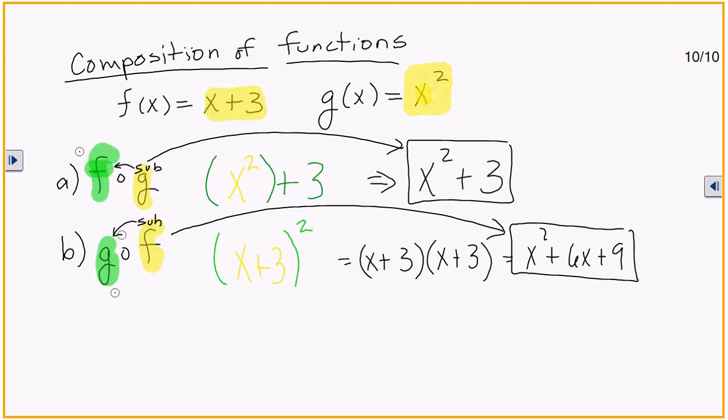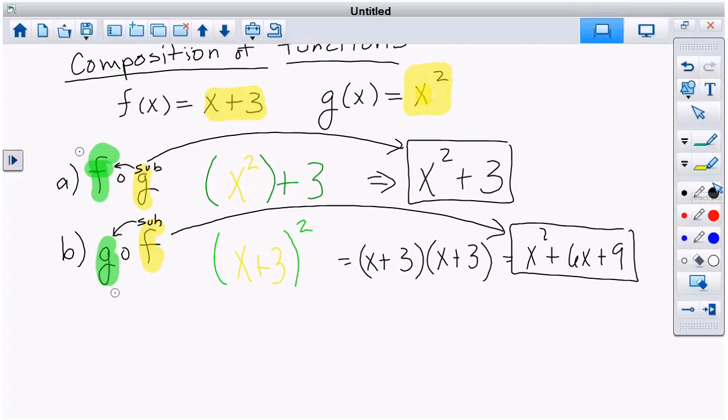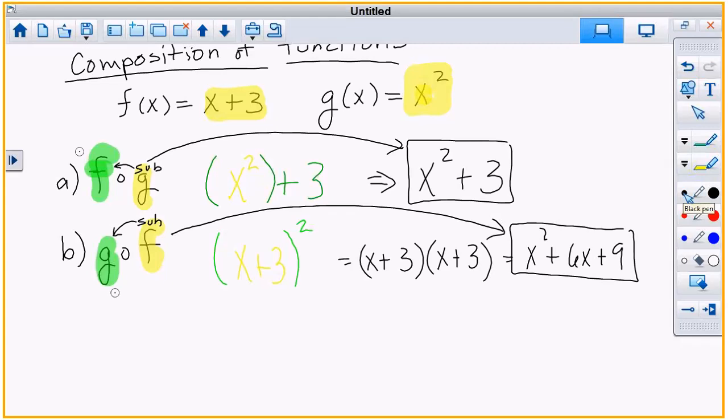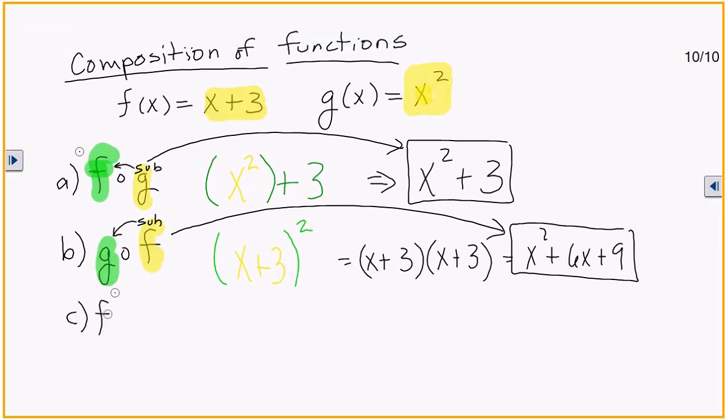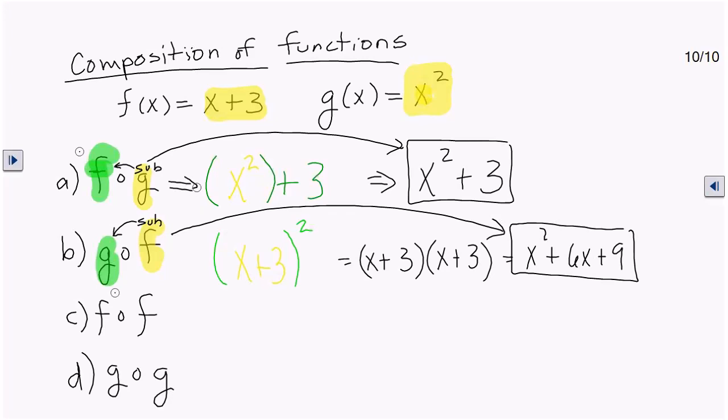Well, C would be F of F. F composed of F, but I want you to pause the video and work on these two. F of F and G of G. F of F is F composed of F, and G of G is G composed of G. So go ahead and pause the video and work on those two and see how you do.